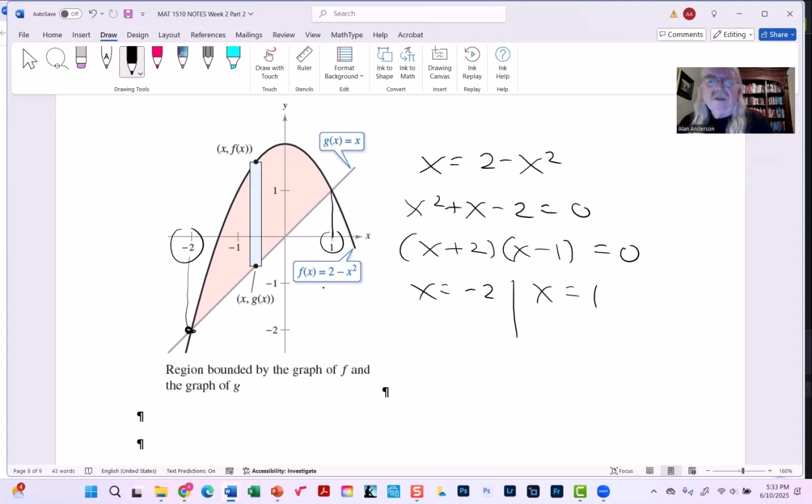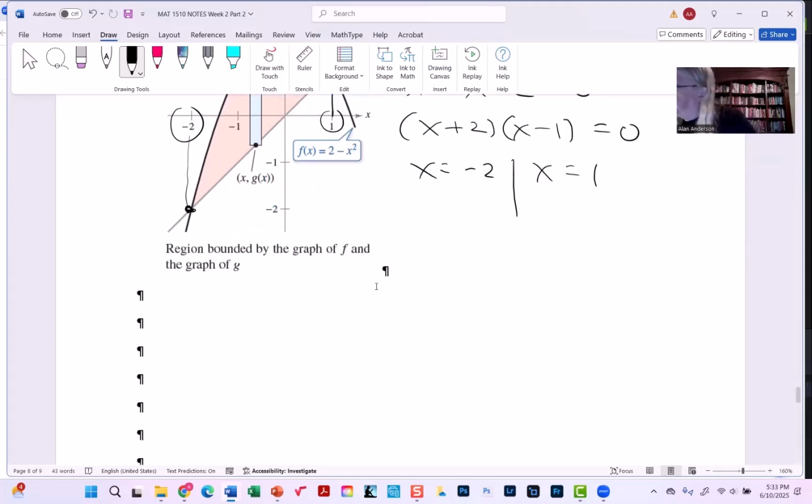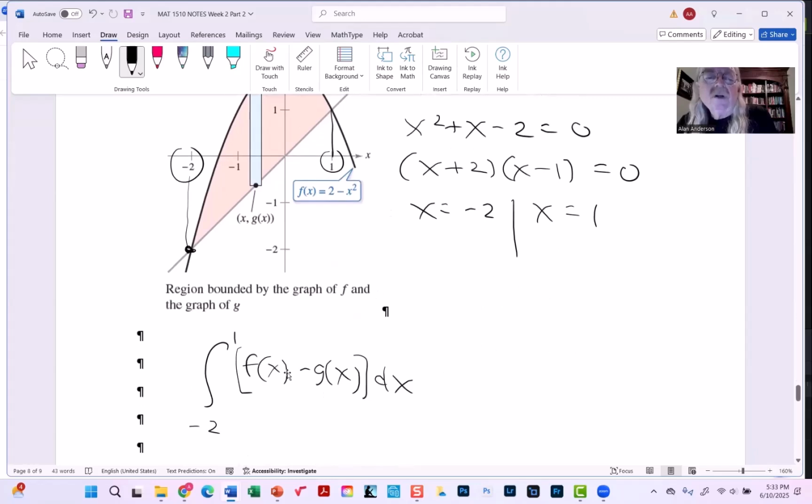Okay, so now what we're going to do, like we did before, is calculate the integral of the difference between the two over the interval from -2 to 1. But just be careful here. Within the interval of interest, make sure it is f of x, the bold-faced curve, that is on top. G of x, the straight line, is underneath. So we will solve for f of x minus g of x. Otherwise, we would reverse these. Okay, so let's plug in the formulas.